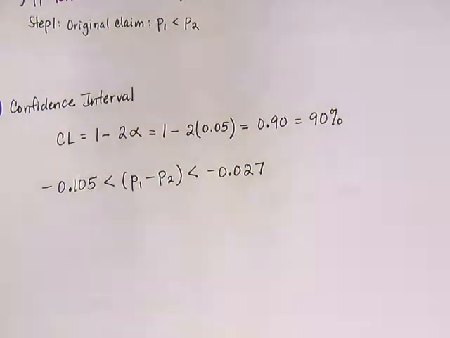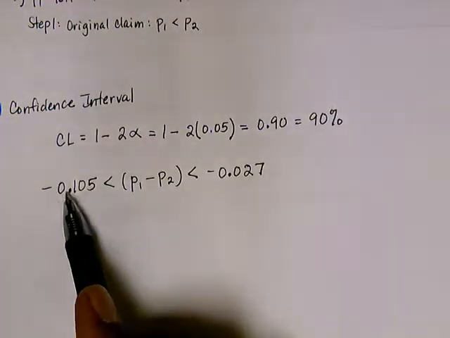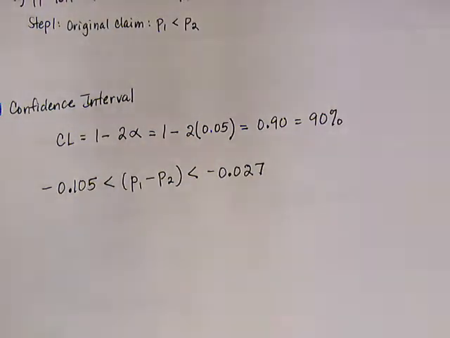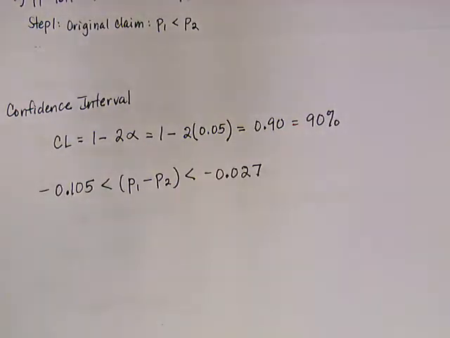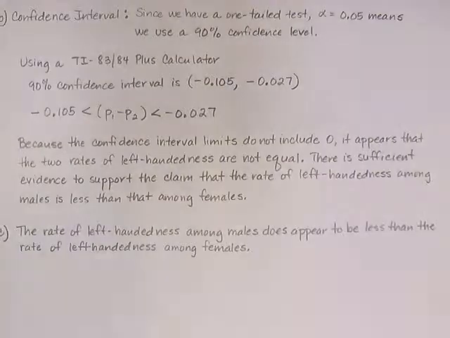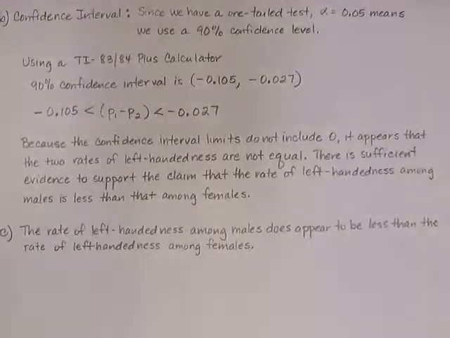And what that means is this, that we are 90% confident that the difference in left-handedness among males and females falls between -0.105 and -0.027. And here, those confidence interval limits are both negative. So that tells us that the true rates of left-handedness are not equal, as indicated here. And there is sufficient evidence to support the claim that the rate of left-handedness among males is less than that among females.